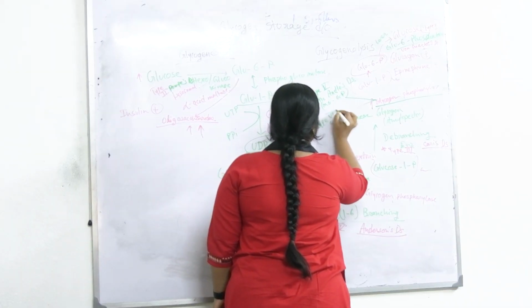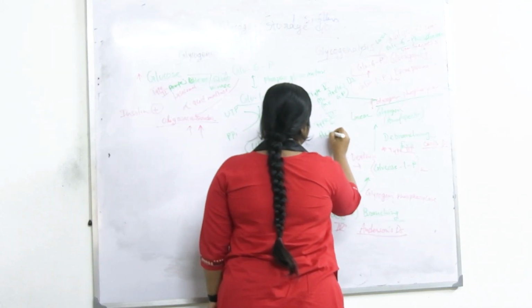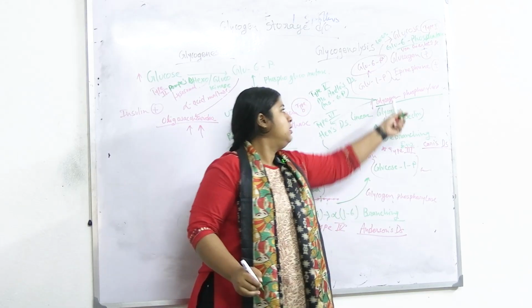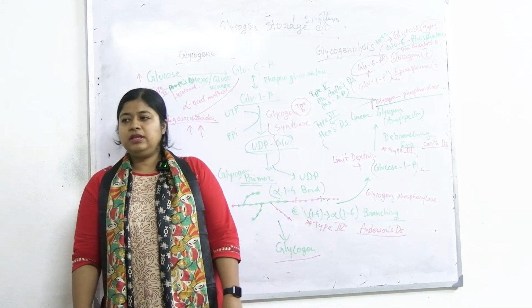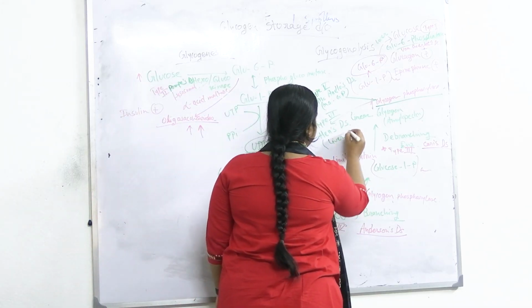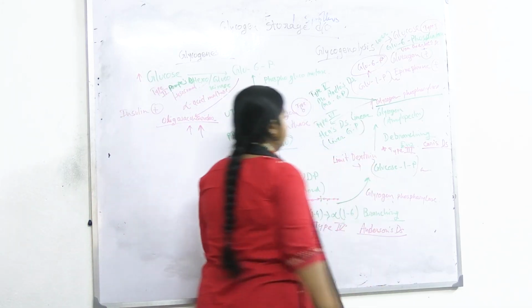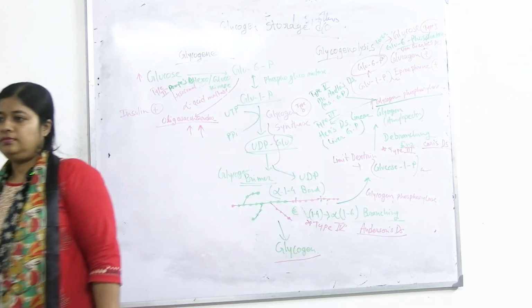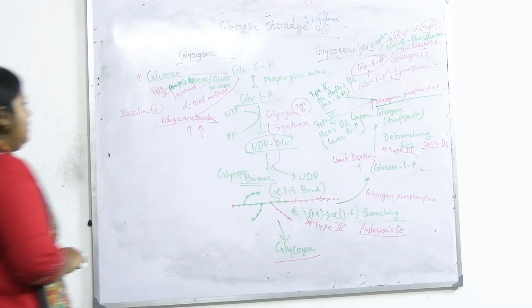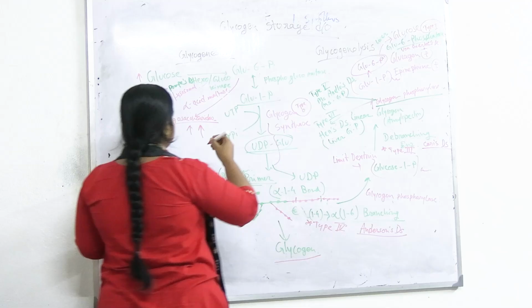And type 6 is Hers disease. Hers is for hepatic glycogen phosphorylase. Hepatic means liver. So this is for liver glycogen phosphorylase deficiency. Okay? Another one is there. Where does that go?